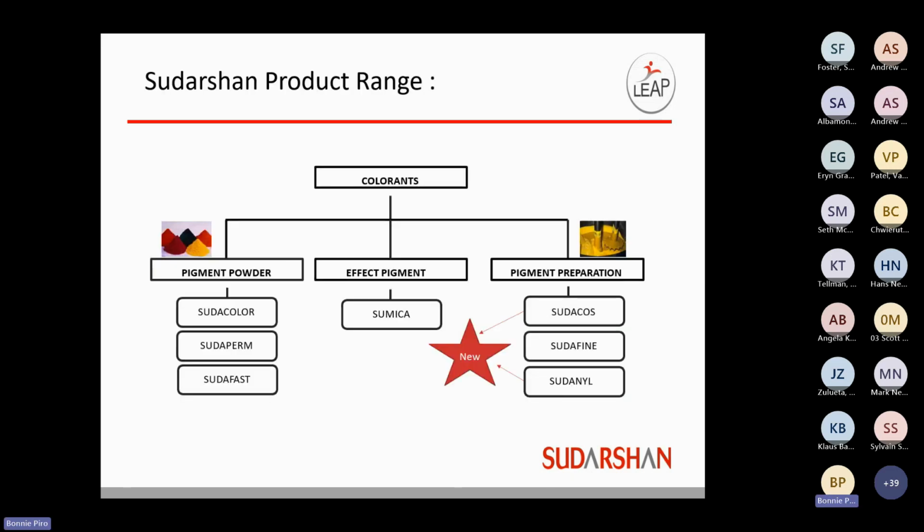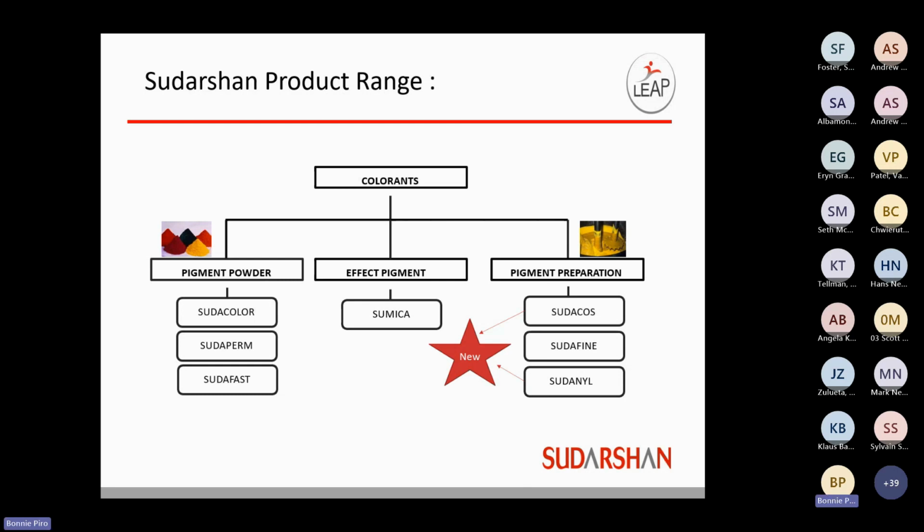The product range with respect to Sudarshan for these areas, one area, of course, is the actual pigment powder itself. Our Sudacolor, Sudaperm, and Sudafast all provide the coloration that's required for each of these areas. On the special effect area, we have our line of mica effect pigments that can be applied in each of these areas as well.